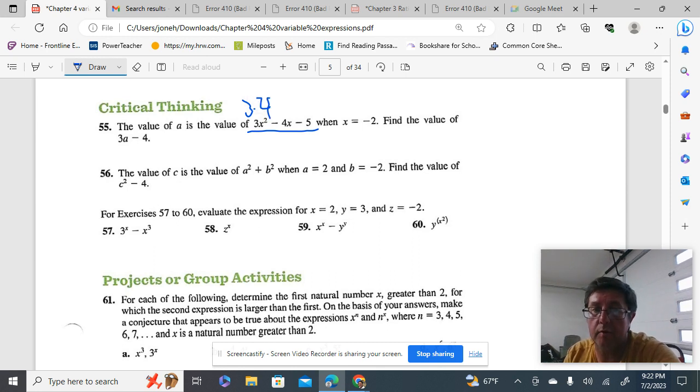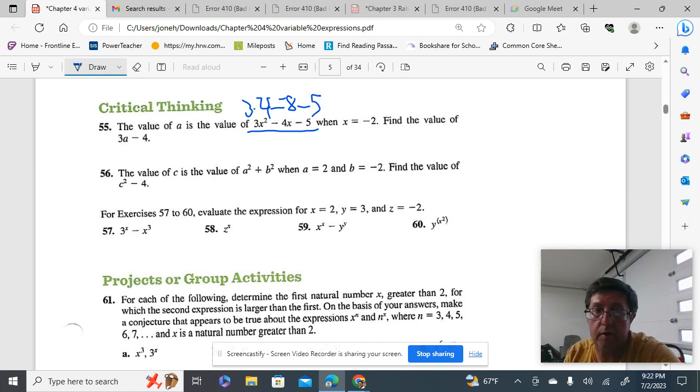Then we would do minus 4x. 4 times negative 2 would be negative 8. So we would be minusing negative 8. Then we would go minus 5.